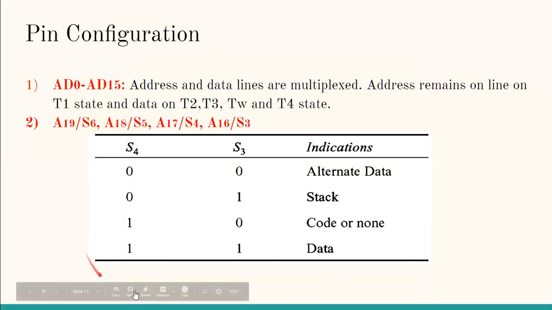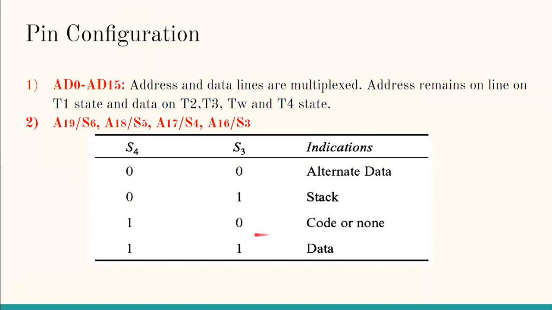This indicates what type of segment is being accessed by the processor in the current clock cycle. So if we have a combination of S3 and S4 like 0, 0, that means the processor is accessing the extra segment, that is the alternate data segment. If the status is 0, 1, the processor is accessing the stack segment.